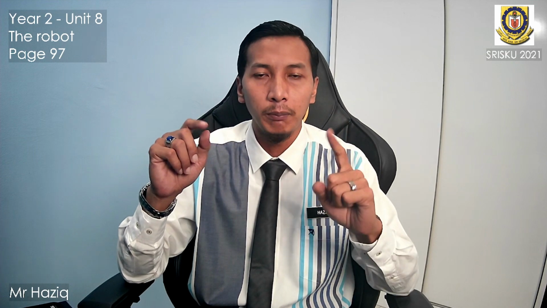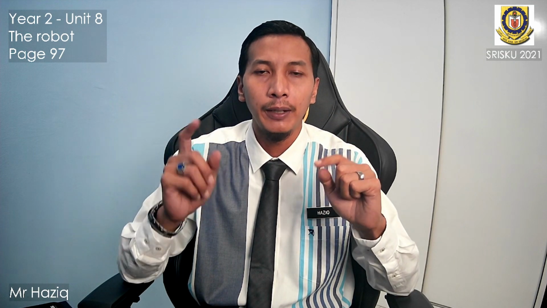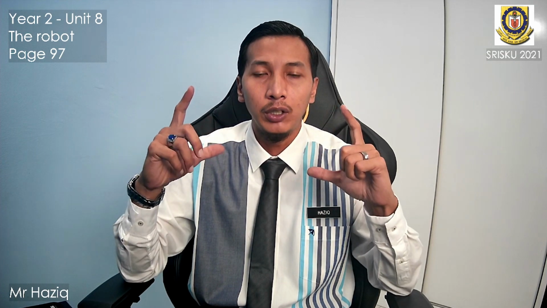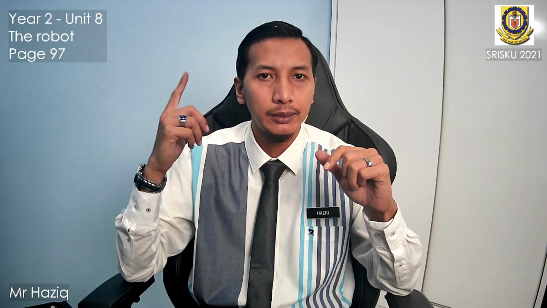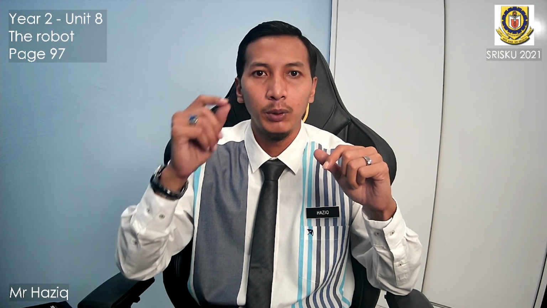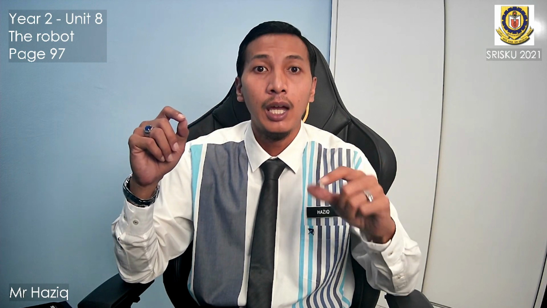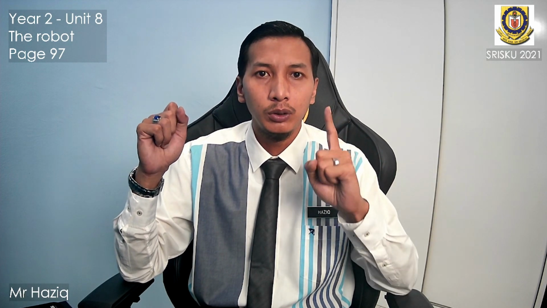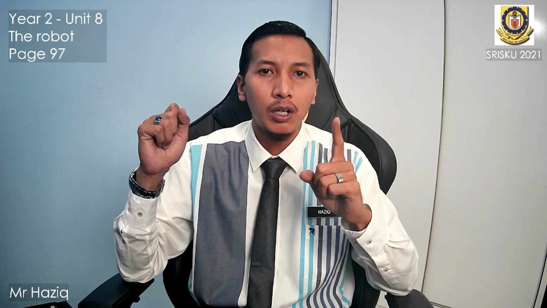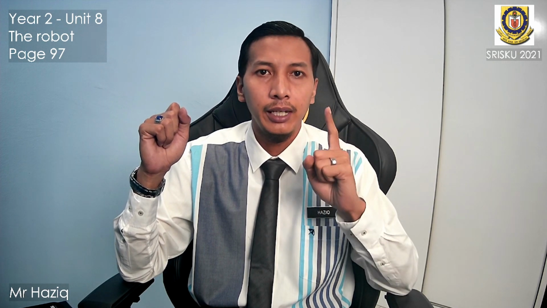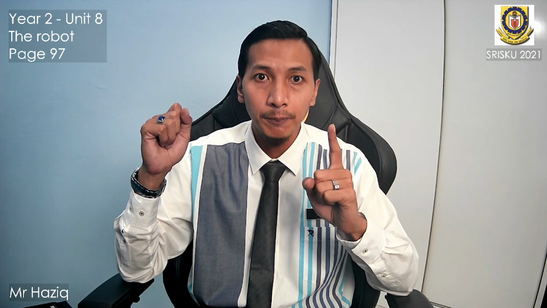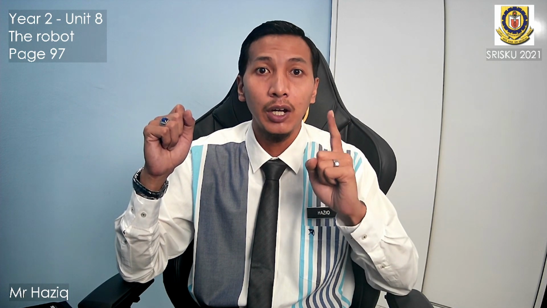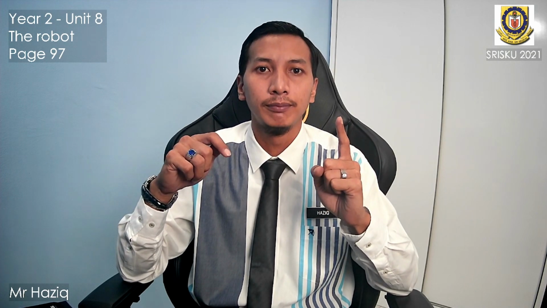So make sure before you listen to the audio, make a draft in your notebook or on a piece of paper so that you can listen and at the same time put the tick and the cross. Please do not draw or write anything in your textbook because the textbook is not yours. Okay? So let's listen to the audio now.